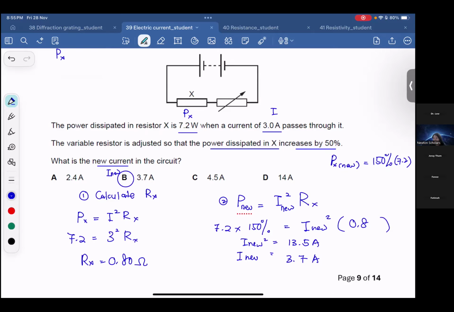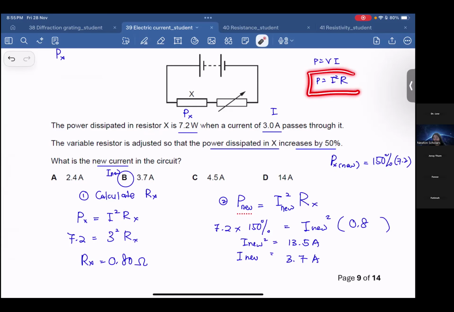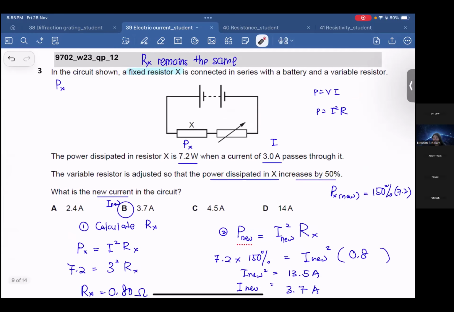We got two formulas related P and I: P equals to VI and P equals to I square R. The reason we use P equals to I square R is because the R here will all the time be the same, since this is a fixed resistor.